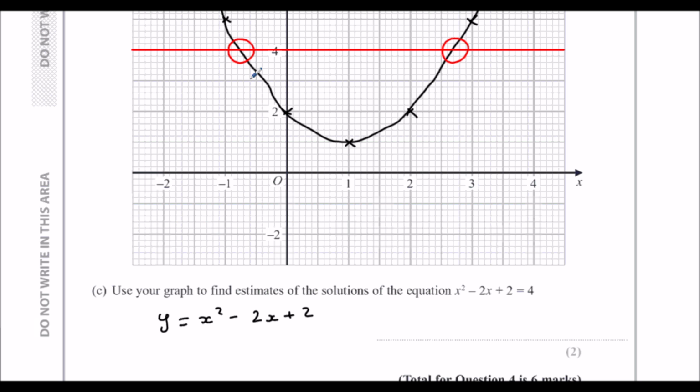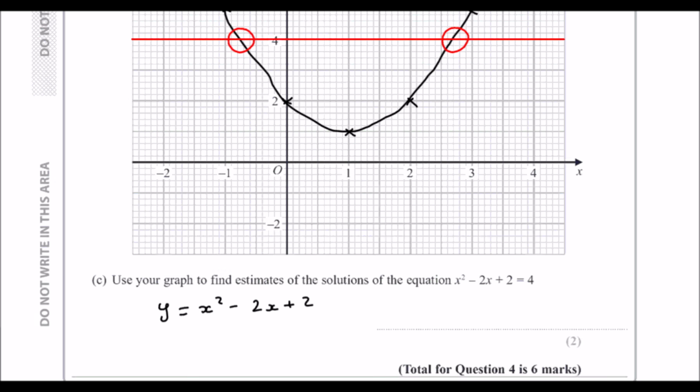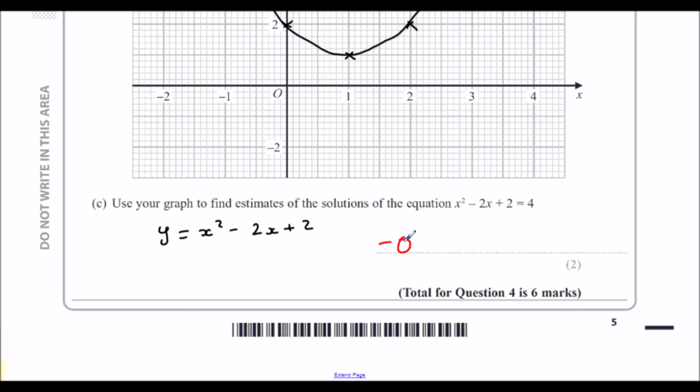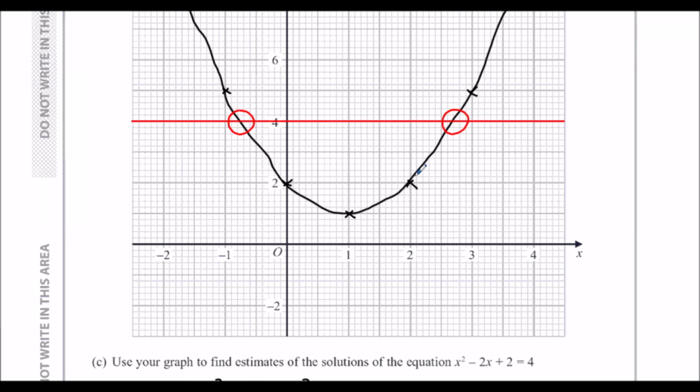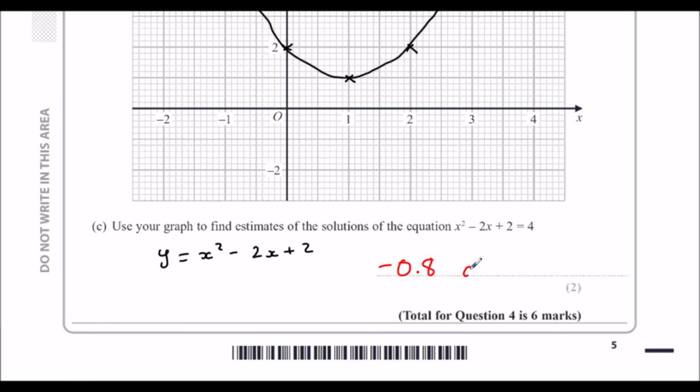We've got minus 0.8. I've got minus 0.8. I think minus 0.7 is okay as well. And I've got 2.7. I've got 2.7, and I think 2.8 would be okay as well, if that's what you got from your graph.